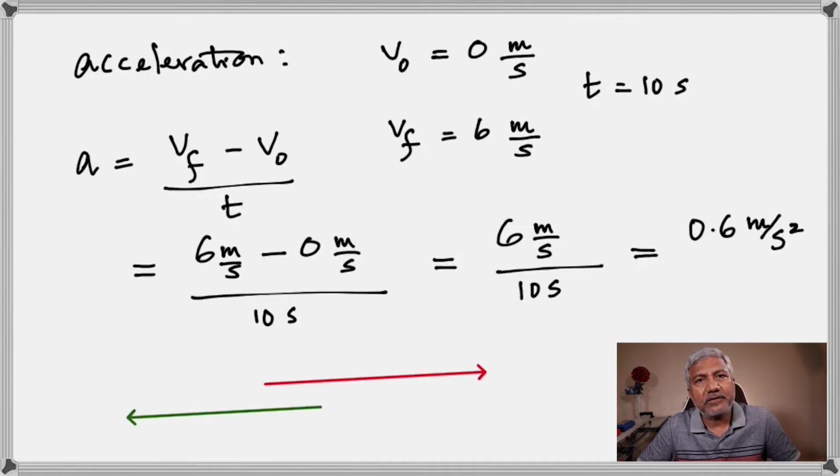Did that make sense? You're stepping on the brake, so it's slowing down. That means the acceleration is towards the east. That's why we say acceleration is negative. Basically, if it's slowing down, acceleration is negative. If it's speeding up, acceleration is positive. Not in all cases, but that is a good starting point.